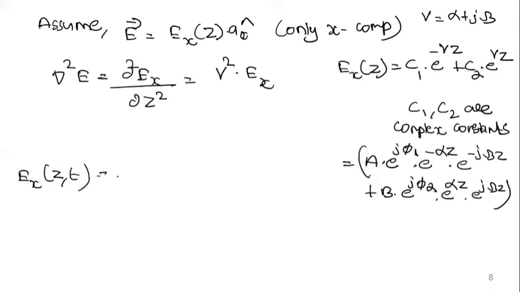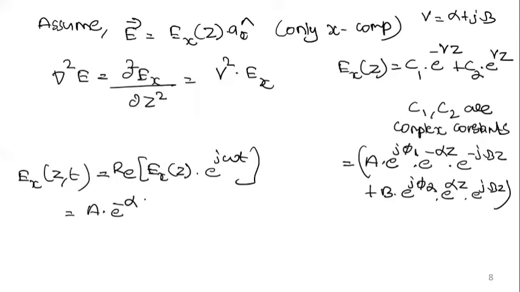So we are considering only the real part. So real part will be real part of E x of z into e raised to j omega t. So this is the time varying field. So what we will get? A into e raised to minus alpha z into, so one more thing, one more entity you should know, e raised to j phi 1 into e raised to minus j beta z.